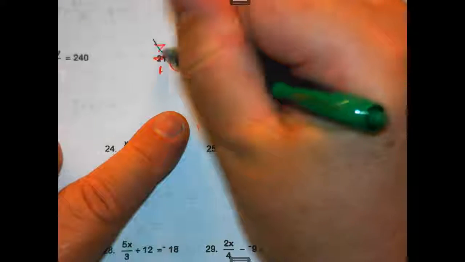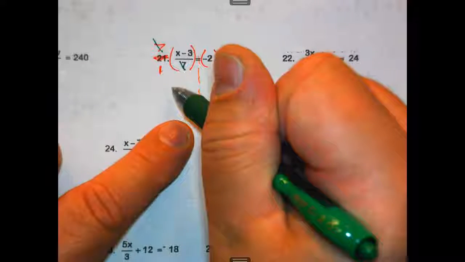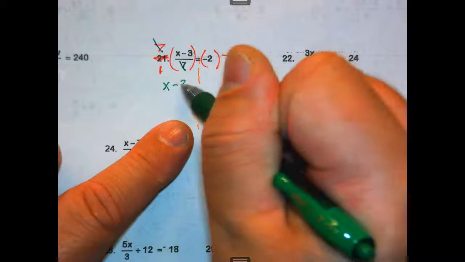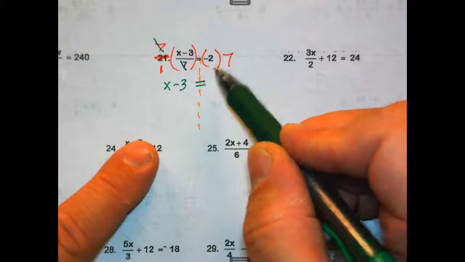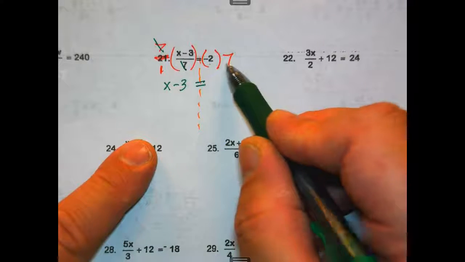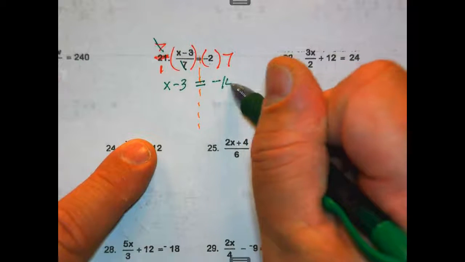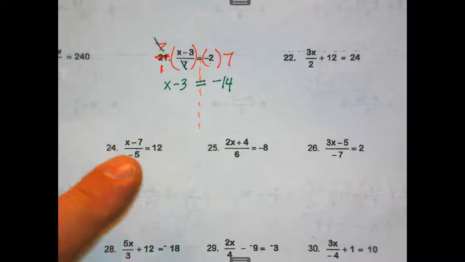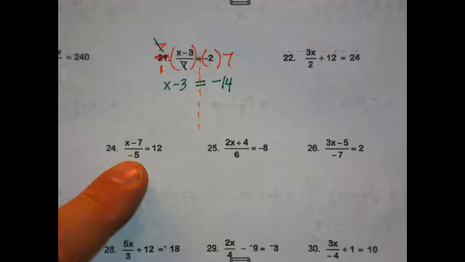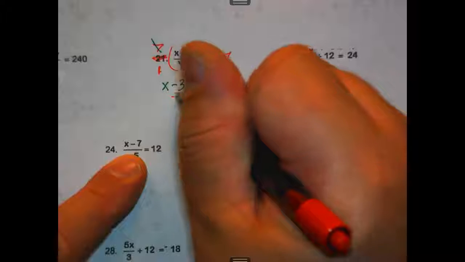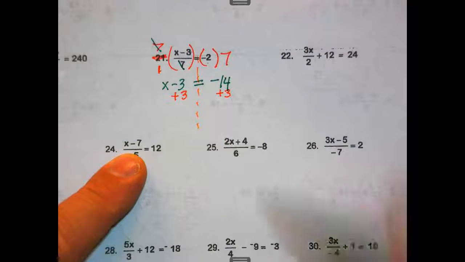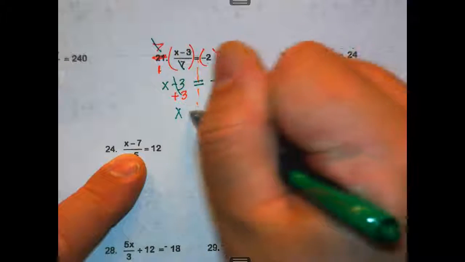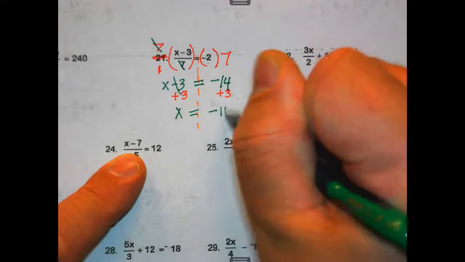My 7's cancel here. I get my numerator, x minus 3, equals negative 2 times 7, negative 14. Then I'm going to add 3 to both sides, and I get x equals negative 11.